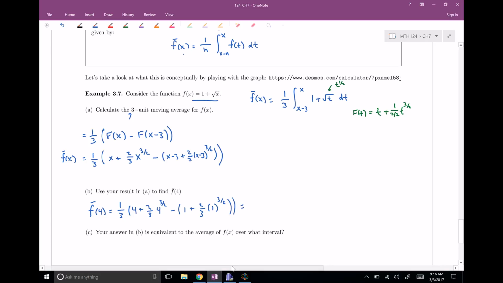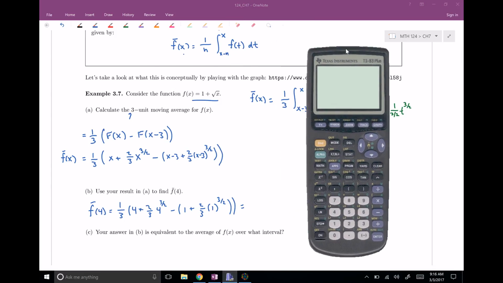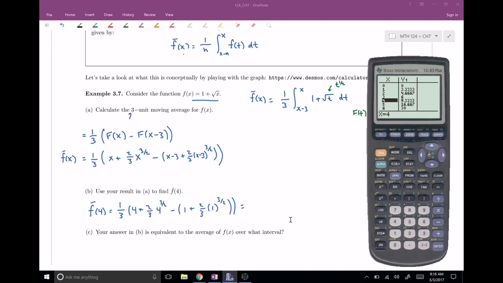And so let's get out my calculator so I don't make any silly mistakes. I'm going to take a line to simplify the inside a little bit. So first of all, 4 to the 3/2. Let's pretend we forgot how to do this. Well, we can plug it into our calculator. 4 raised to the 3/2. And the claim is this is going to be equal to 8.